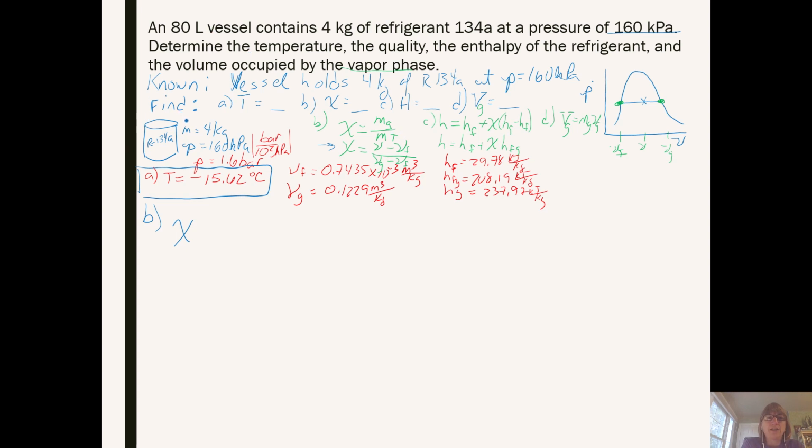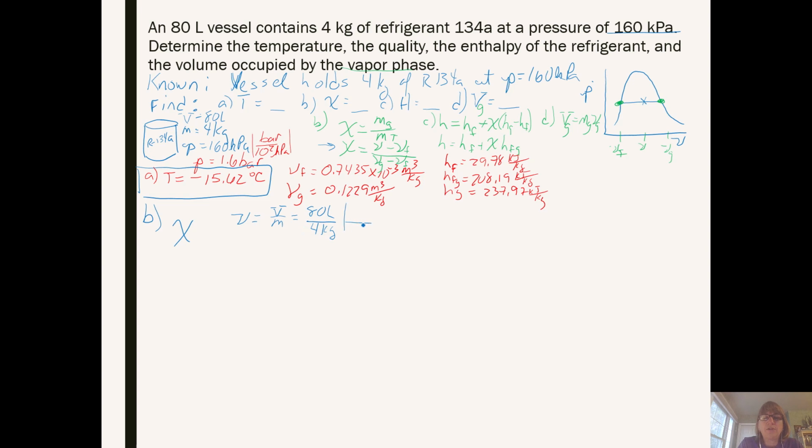The volume of the container, which I forgot to write down, is 80 liters. So let's find the specific volume. And so the specific volume is going to be our volume divided by our mass. And so we have 80 liters divided by 4 kilograms.